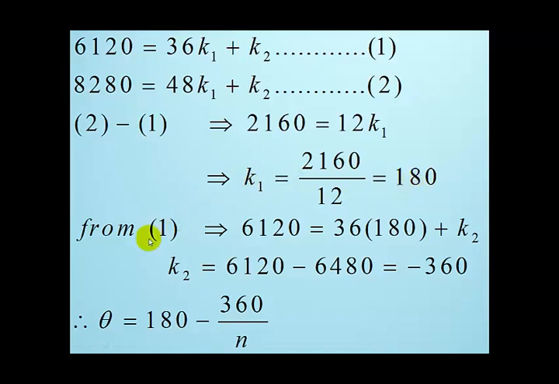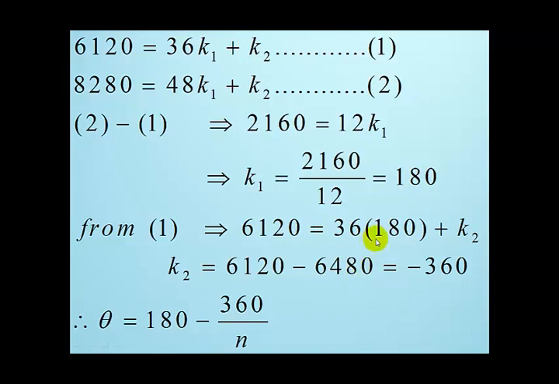Now, from equation 1, 6120 is equal to 36 K1 plus K2. Now, K1 has given us 180. So, by substitution, we have 6120 is equal to 36 times 180 plus K2. And 36 times 180 equals 6,480.